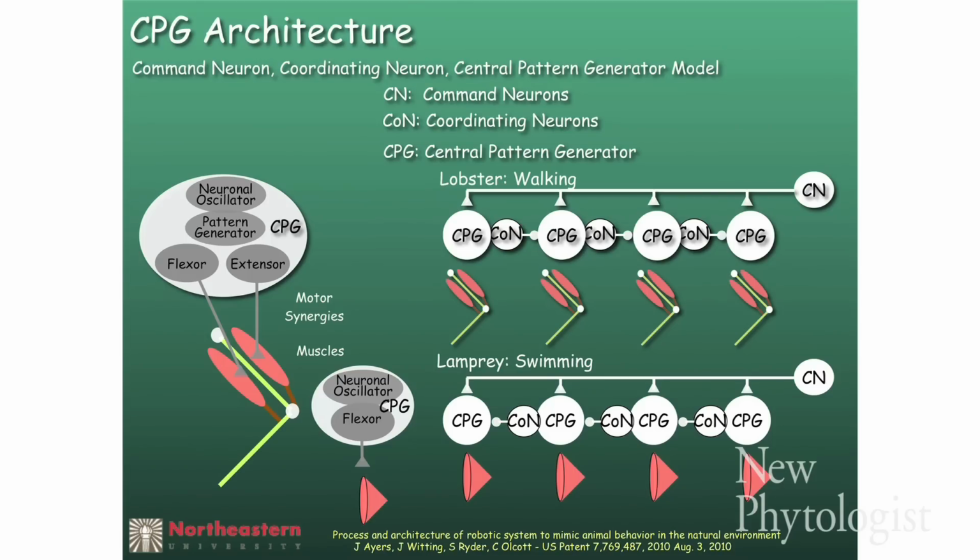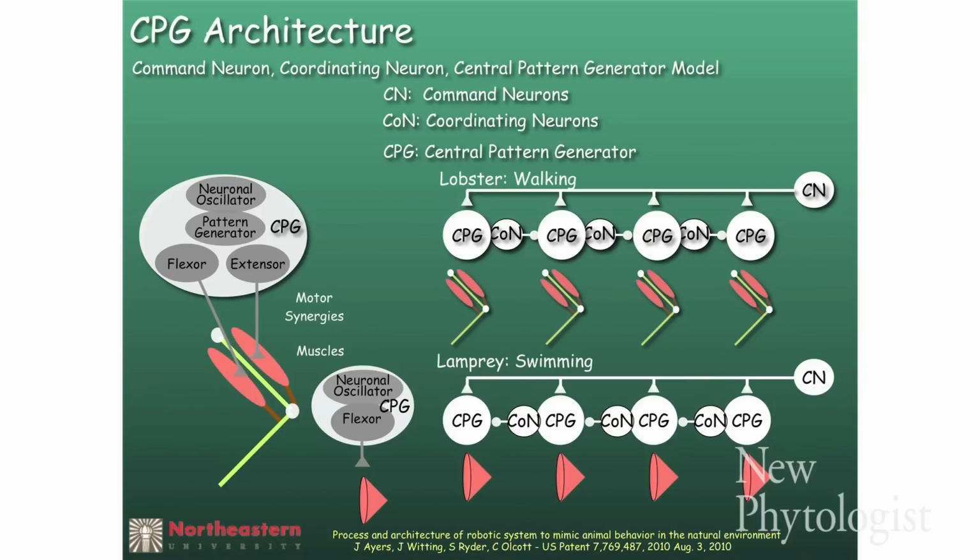Now, these central pattern generators in multi-limbed animals are coordinated among themselves by a category of neurons called coordinating neurons. And then they're activated in turn by a category of neurons called command neurons, which descend from the brain and turn these networks on. Now, command neurons are the locus at which the decision to evoke a behavior is made. And in animals like lobsters and crayfish, you can dissect the brain connectives and pick out single axons.